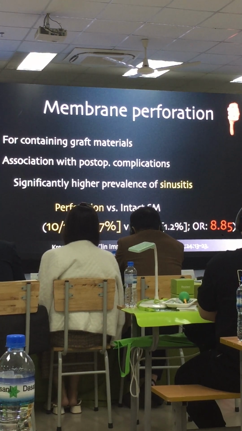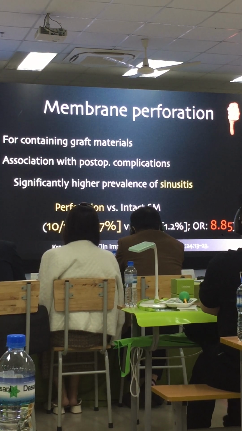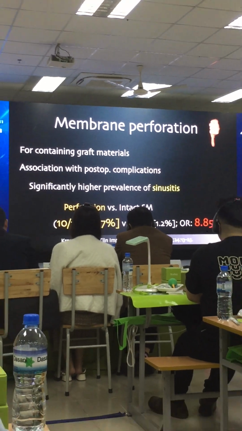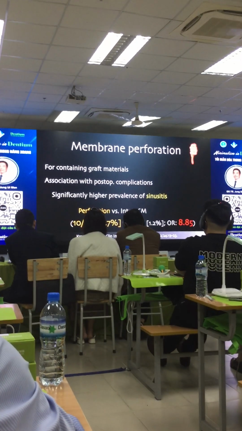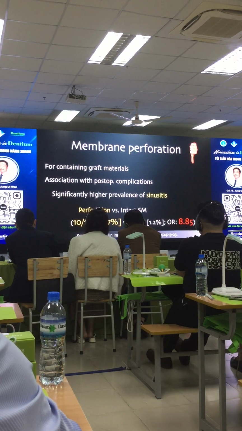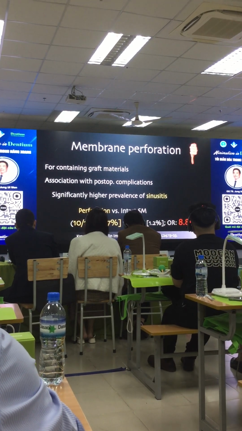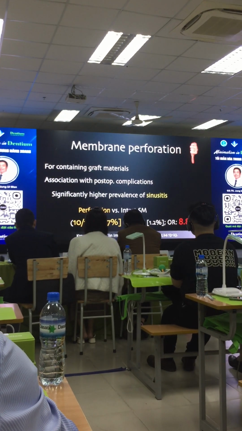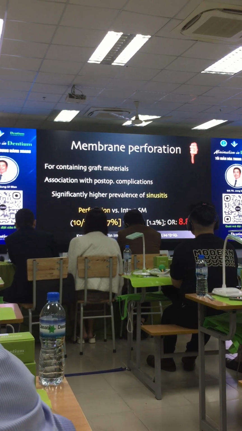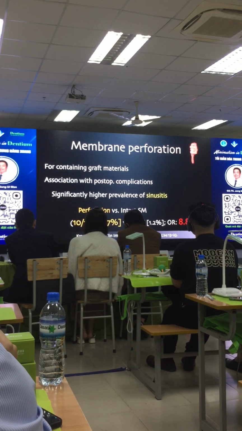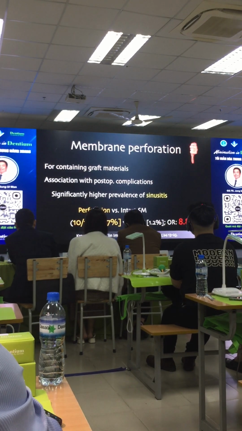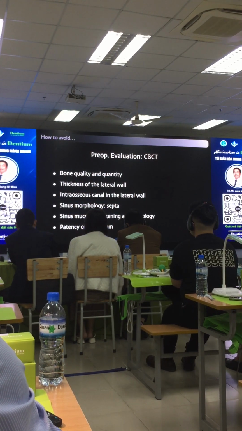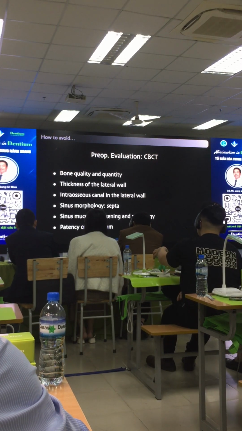However, maintaining the continuity of the sinus membrane is considered to be important in containment of the graft. A significantly high prevalence of postoperative complications like sinusitis is strongly associated with large perforation of the sinus membrane. Therefore, special caution is needed to avoid and prevent complications.